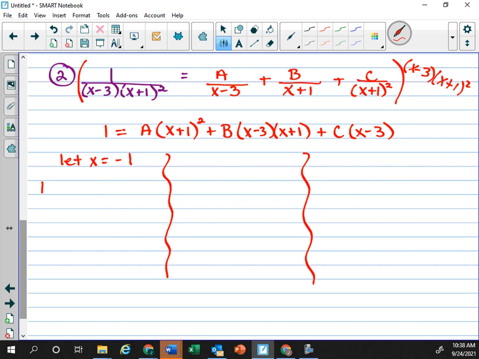So 1 equals c times -1 minus 3. So 1 equals -4c. So -1/4 is c. There's one of my answers.